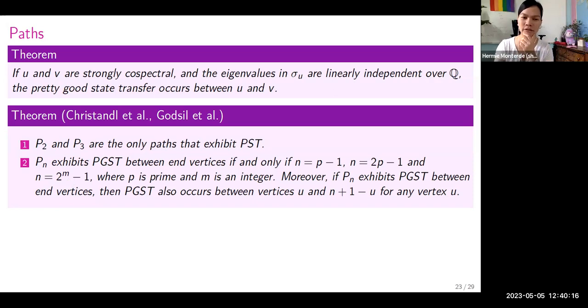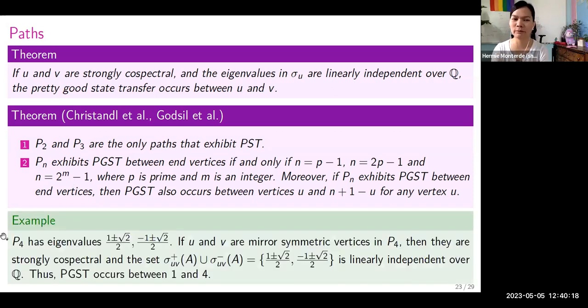Okay? So for a very specific example, the path on 4 vertices, you can verify that these are the eigenvalues, okay?